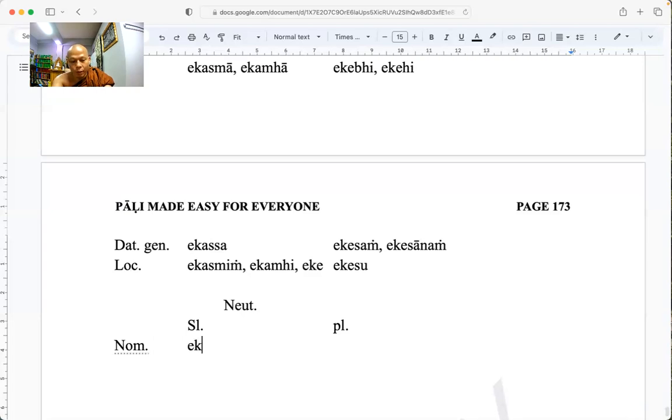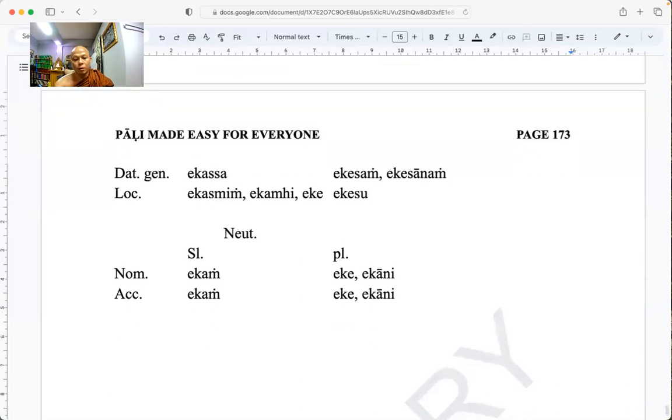Nominative case is ekam, and plural is eke and ekani, like ye and yani. Accusative case also ekam, and eke, and then ekani.